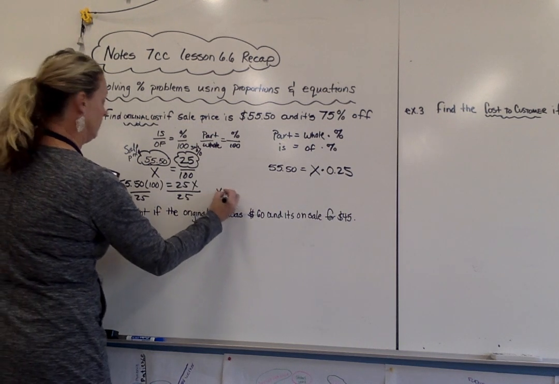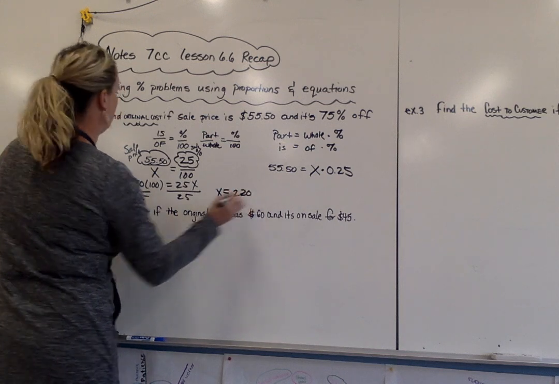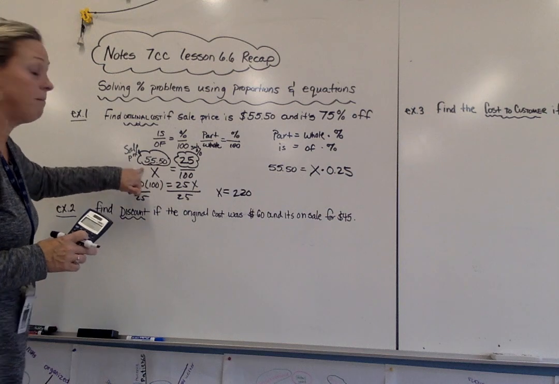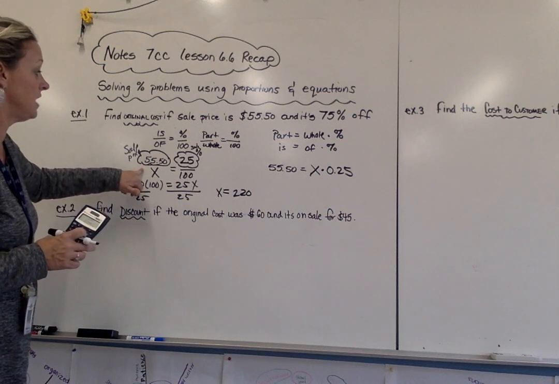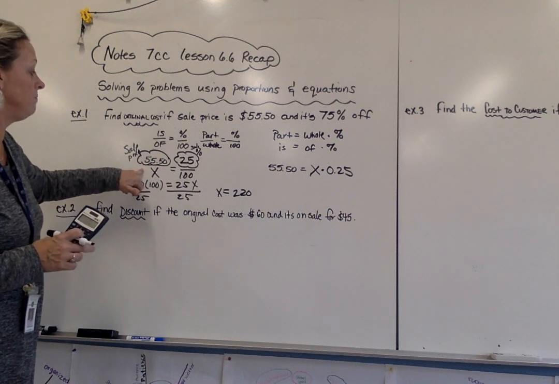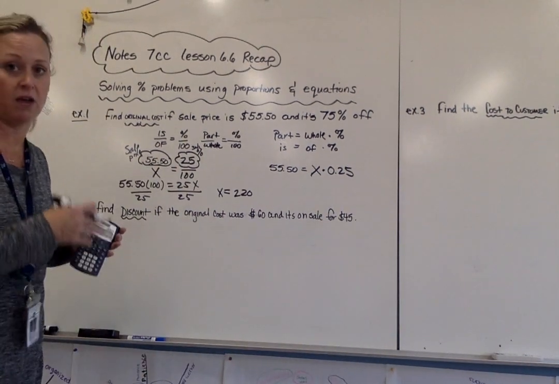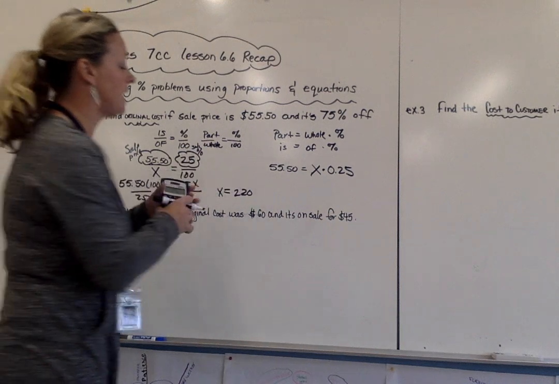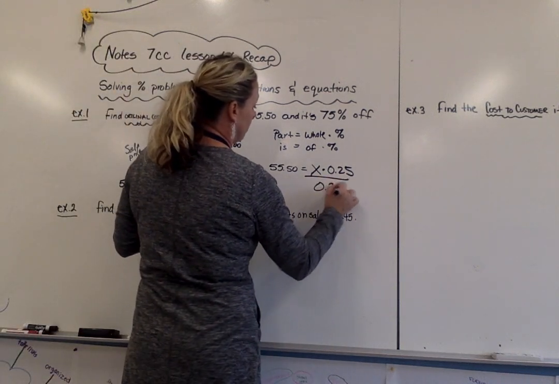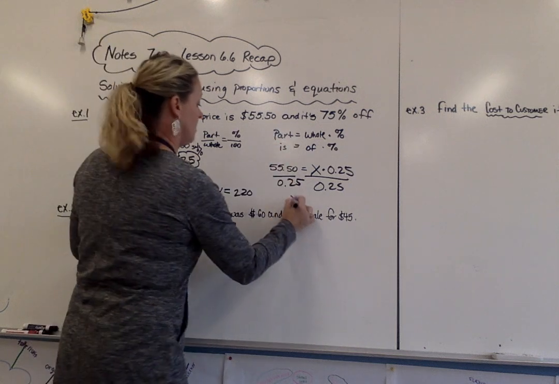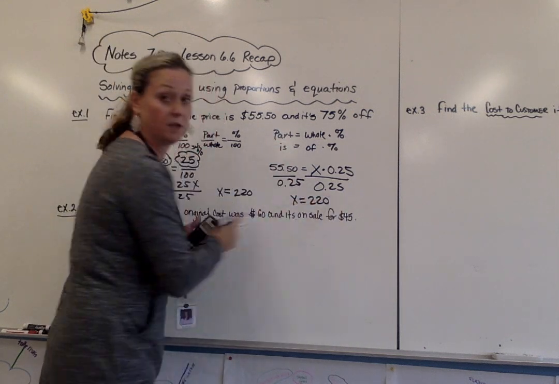X is equal to 220. So my original price was $220. I paid $55.50 because I was being asked to pay 25% because it was 75% off. On this side, I can also divide both sides by 0.25. Get the same thing. X is equal to 220.